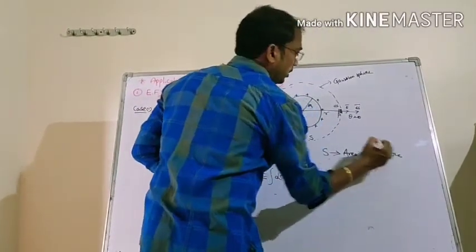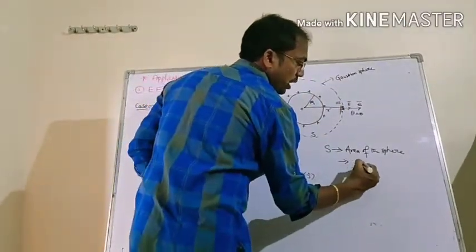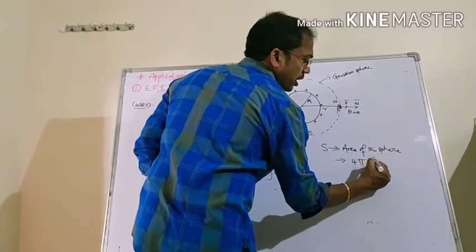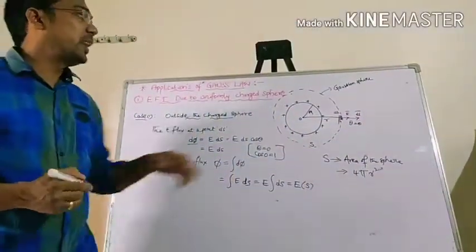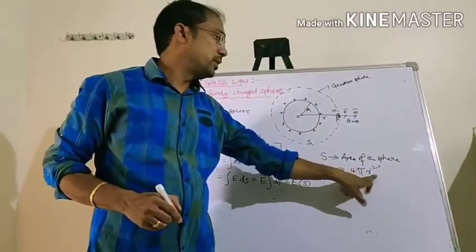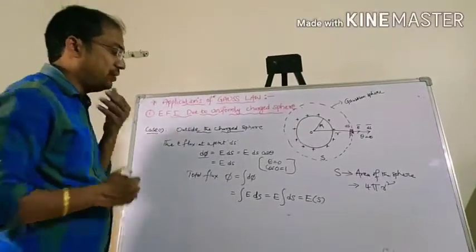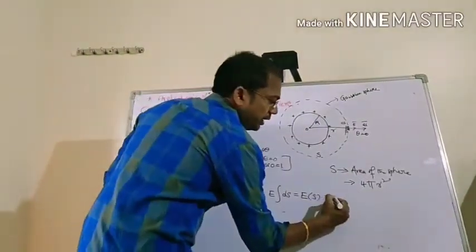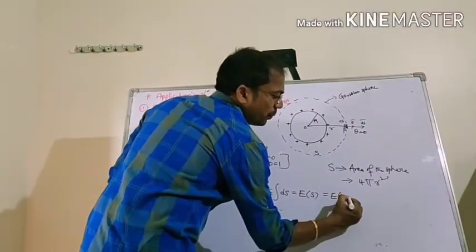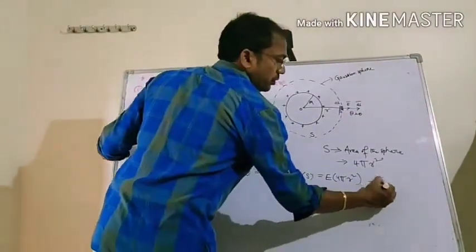What is the area of this Gaussian sphere? The formula is 4 pi r square, where r is the radius of the Gaussian sphere. S equal to 4 pi r square, S means the area of the sphere. So the flux is E into 4 pi r square. This is equation 1.